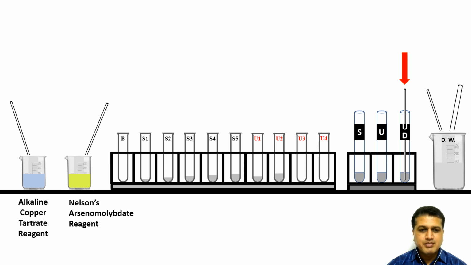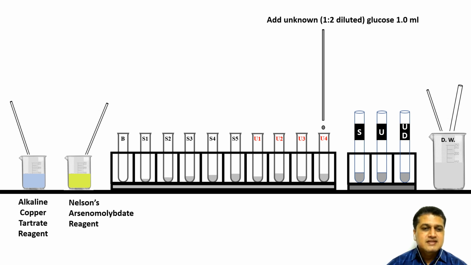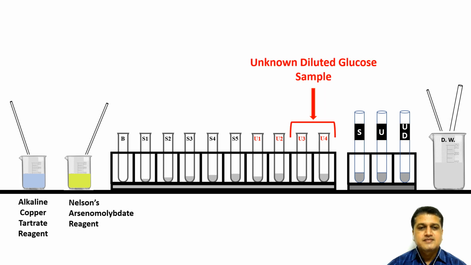Now, pipette in unknown but 1:2 diluted glucose sample using 1 ml glass pipette. Add 0.5 ml of unknown diluted glucose sample in tube U3 and add 1 ml of unknown diluted glucose sample in tube U4. Thus, 2 aliquots of unknown diluted glucose samples are taken.